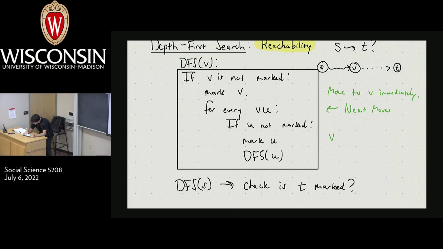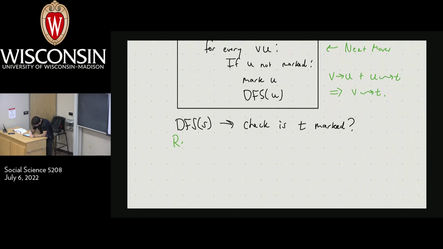Because V to U plus the path from U to T gives you a path from V to T. And this just follows because you can recursively define walks. A walk is the last edge and another walk combined together. Or a walk is the first edge and the rest of the walk. So you can recursively define walks.